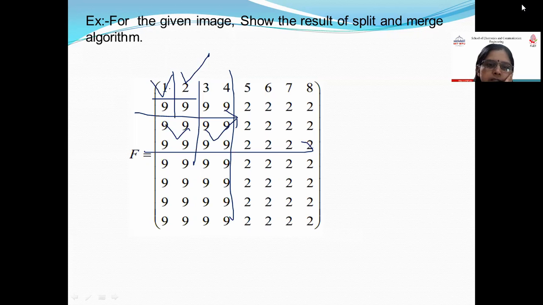Okay, so please proceed and copy your answer, solve it on paper and put your photograph in the chat box. Use similarity criteria as it should be difference between pixels should be less than or equal to 4. So apply split and merge technique on the given image.